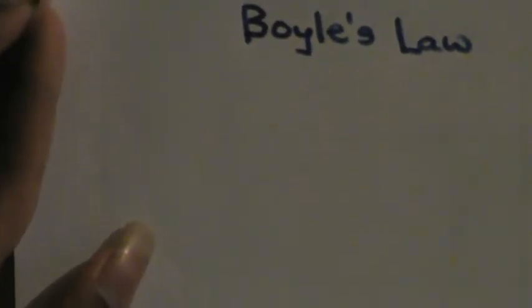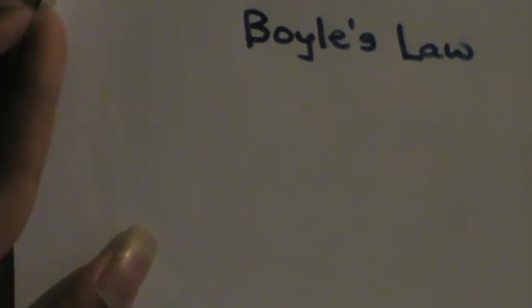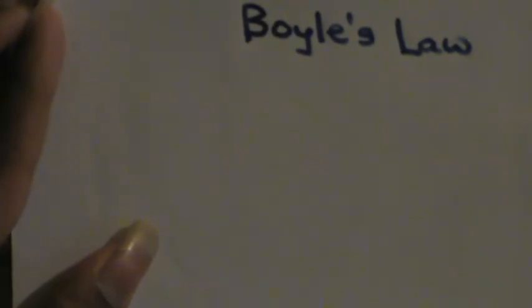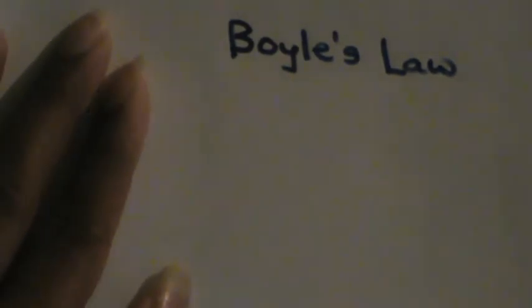Boyle's law is a relationship between the pressure and the volume, not between the volume and the absolute temperature as in Charles's law. In Boyle's law, the temperature and the mass of the system are constant.